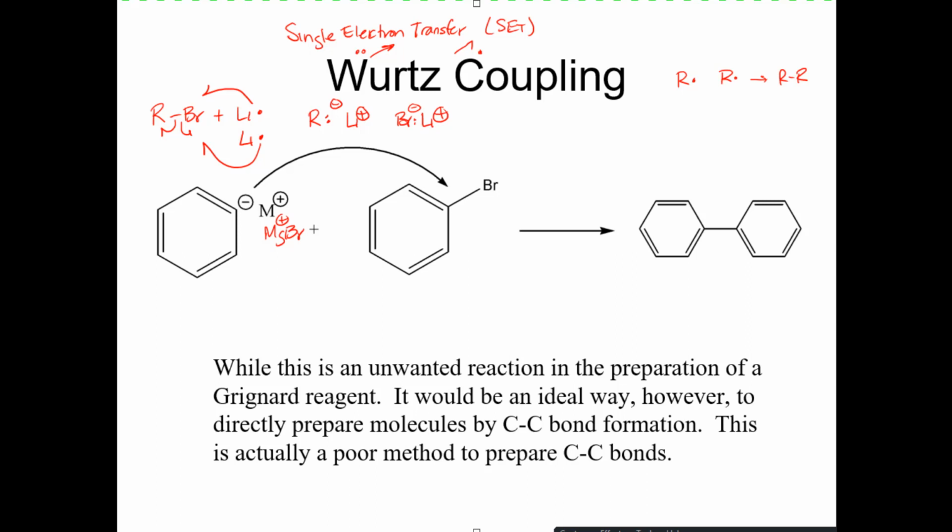And what do I mean by that? Well, when we're doing a Grignard reaction, we have to make the Grignard first. And so what we would do is react the alkyl halide with magnesium metal.